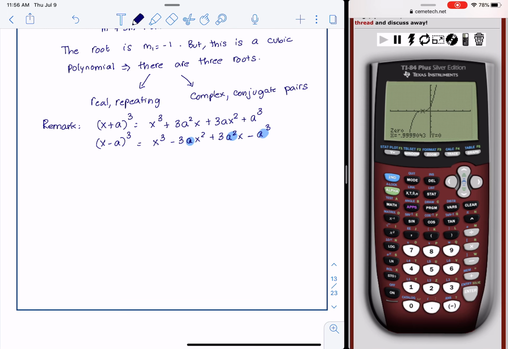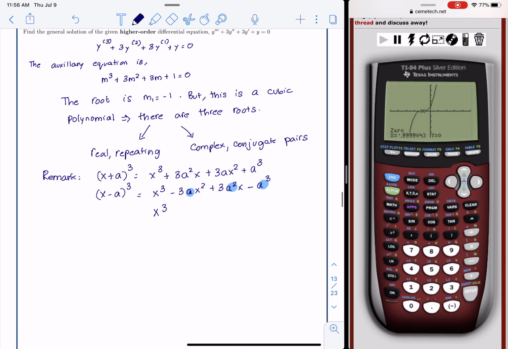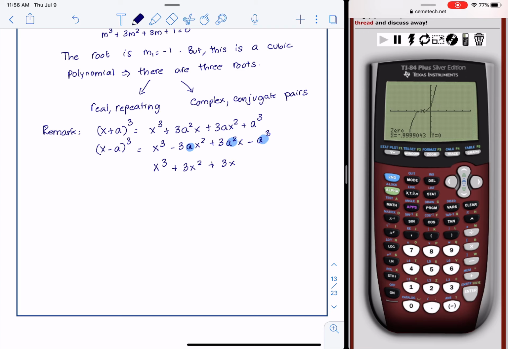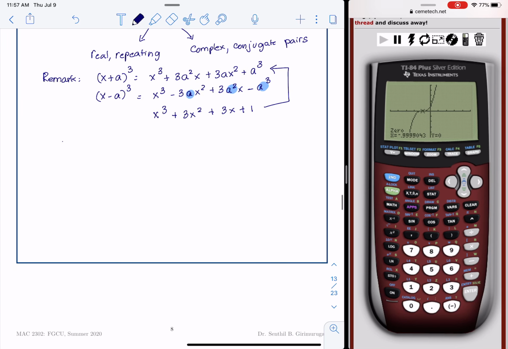If we have x cubed plus 3x squared plus 3x plus 1 cubed, and if we make a direct comparison, you can see if I compare it to that equation, we can realize that a is 1.